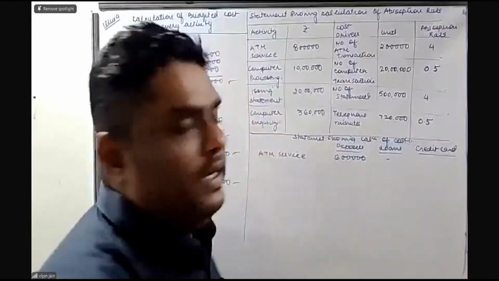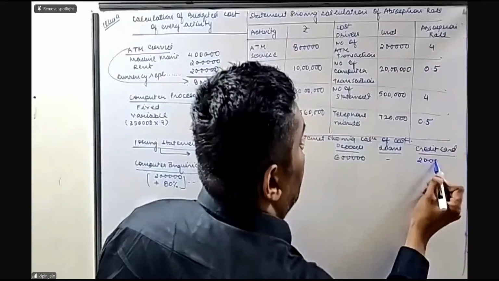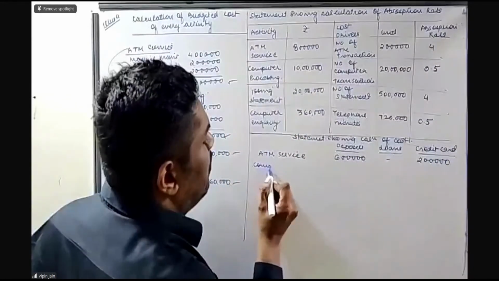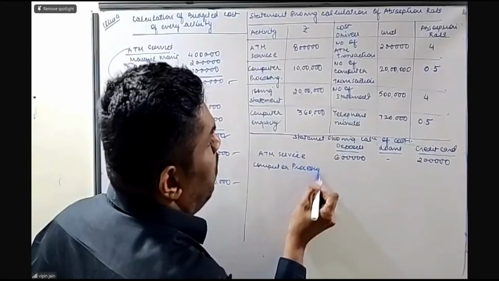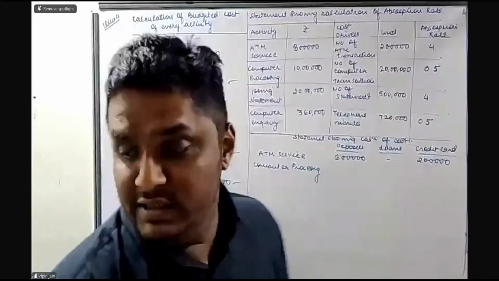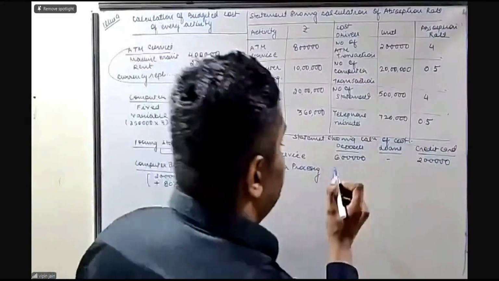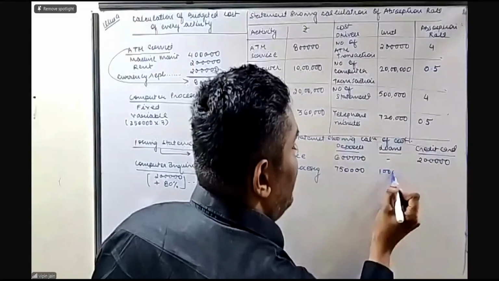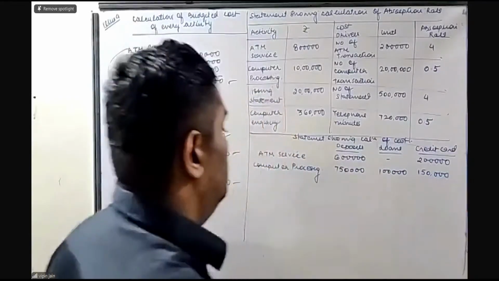For this one, it will be nil. And for this one, it will be 2 lakh. Computer processing. It is 0.5 per transaction. So 15 lakh, 2 lakh, and 3 lakh. So this will be 7,50,000. This will be 1 lakh. And this will be 1,50,000.